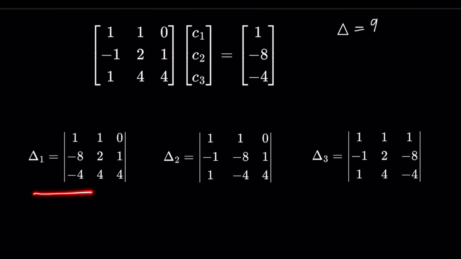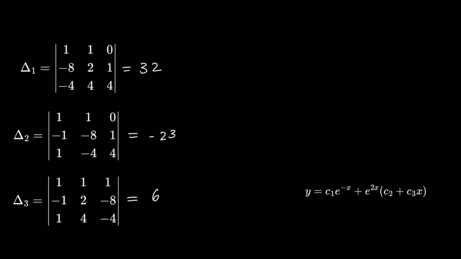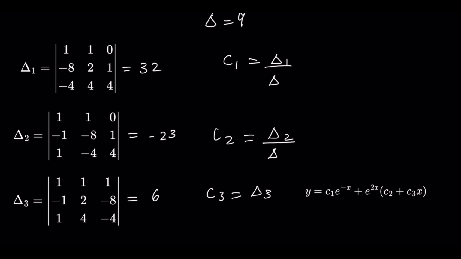The respective results are written here. Now that we have found the values of determinant, delta 1, delta 2, and delta 3, and we know that the value of the base determinant is equal to 9, we can find out the value of C1, C2, and C3, which is equal to delta 1 divided by delta, and for this, delta 2 divided by delta, and for C3, delta 3 divided by delta.